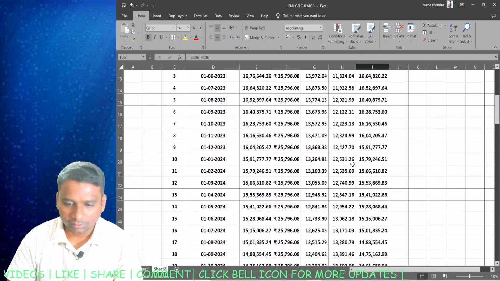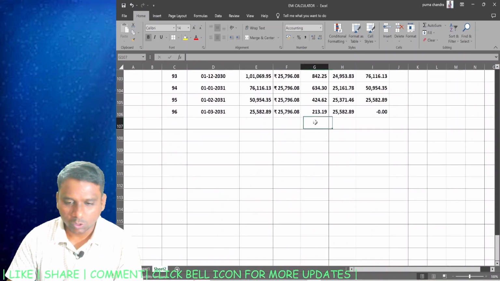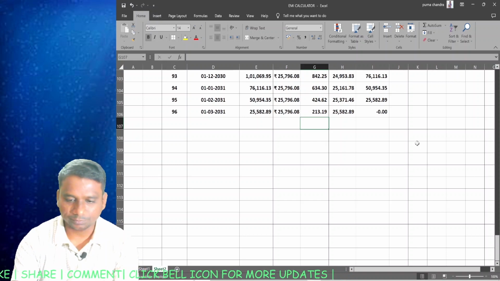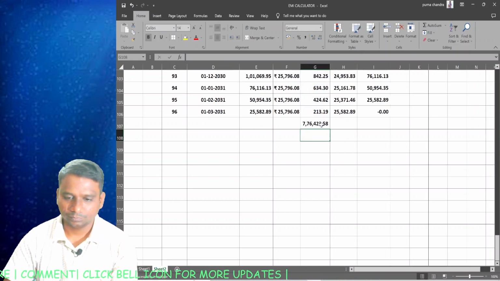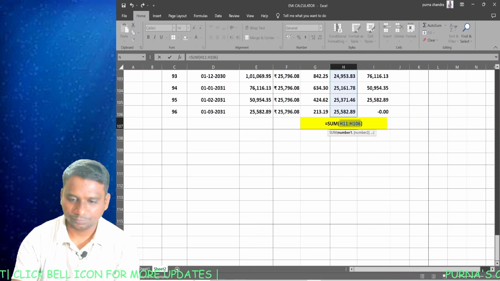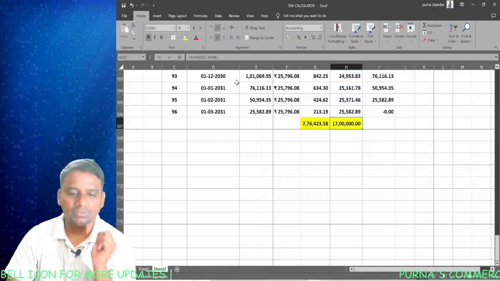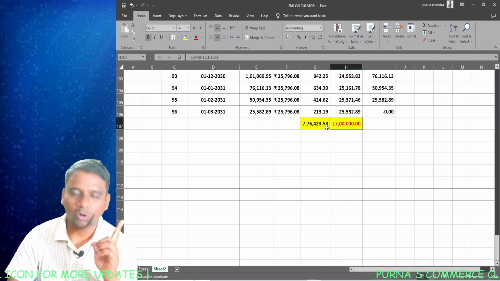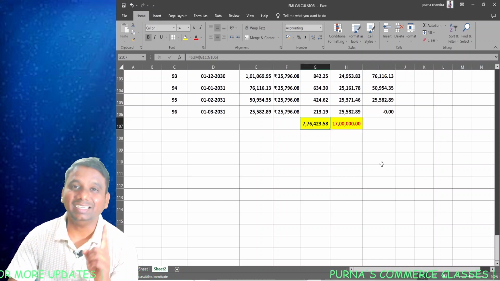Okay, now look at the end of 96 months, what is the total interest that we are paying? Yeah, this 17 lakhs is loan amount, and this 7,76,423 is interest amount.